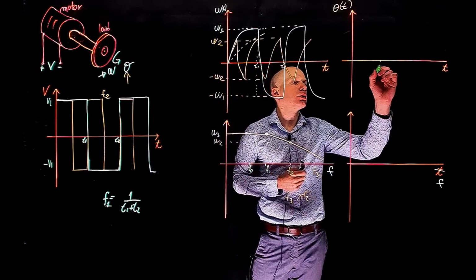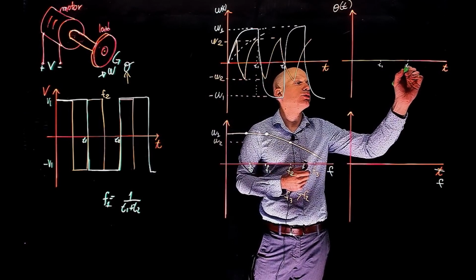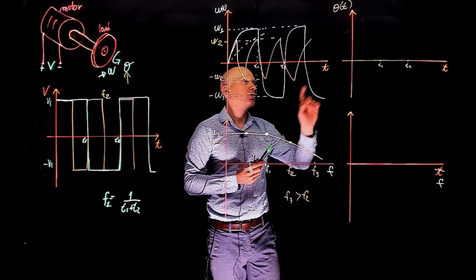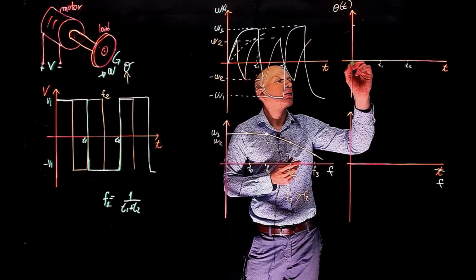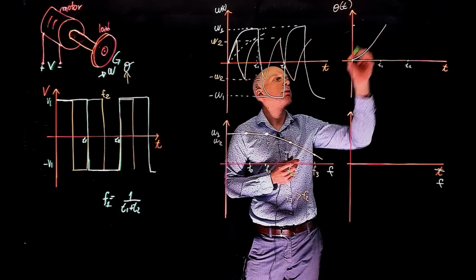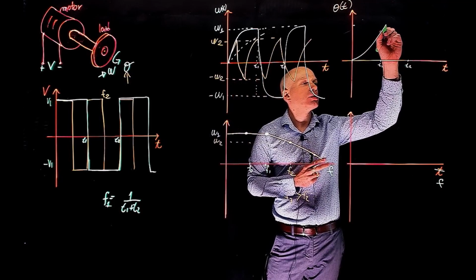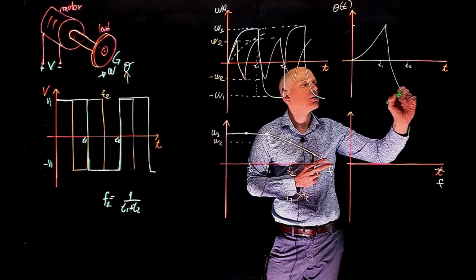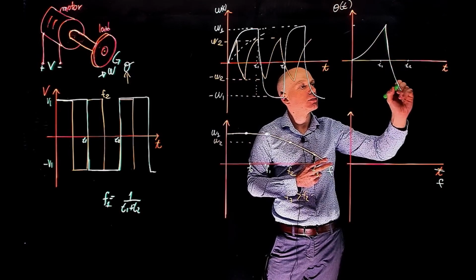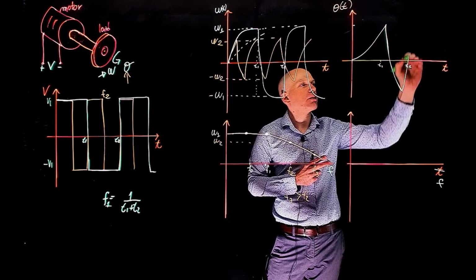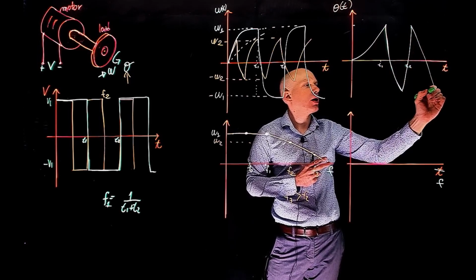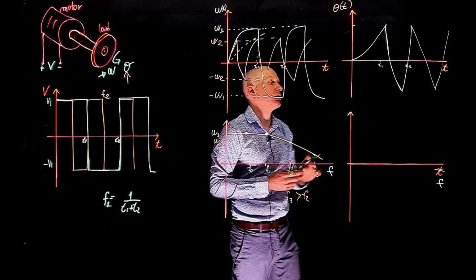Well, the position, here we have T1, here we have T2, we will start to increase. After a certain transient, it will go up like that. And when you reach T1, now we will start to decrease and back up and back down and back up, of course with some transient.